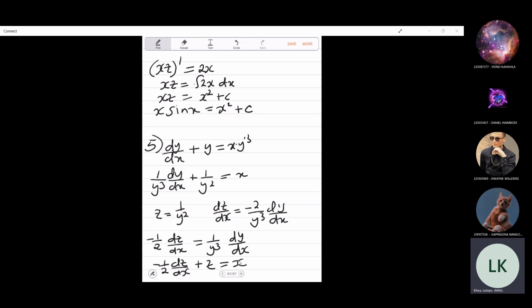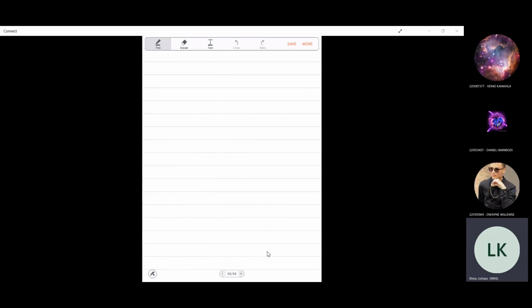So as it is, it's still not in linear form because we need the coefficient of our derivative here to be 1. So that's easy to fix because this is a constant. We just multiply by negative 2 throughout. So we have dz/dx minus 2z is equal to minus 2x. So now it is in linear form.